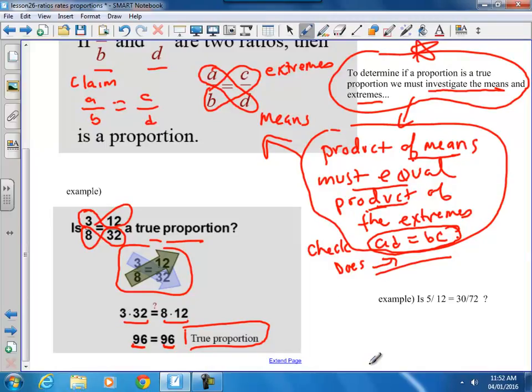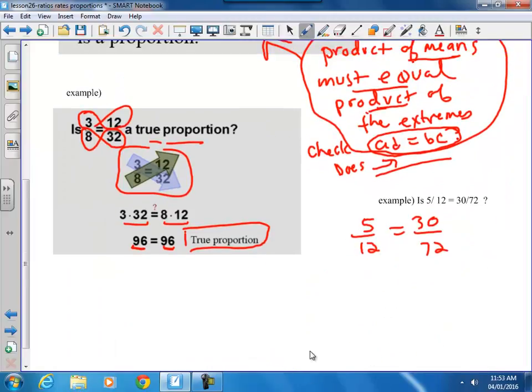Let's try this one over here on the side. I'm going to rewrite it. Is 5 over 12 equal to 30 over 72? And by the way, some of you might say, well, gee, 5 times 6 makes 30 and 12 times 6 makes 72. So yes, but we're looking at it in a different way because it's going to lead us into algebra here in a moment.